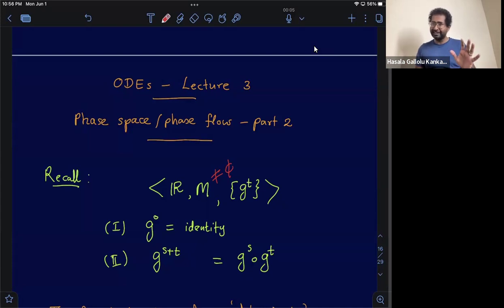So definitely in the upcoming minutes, we need to add structure to this set M. But again, don't forget, we introduced it in a very sloppy way, by saying it is just any arbitrary non-empty set.